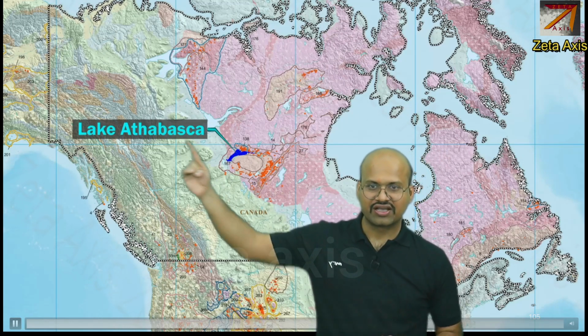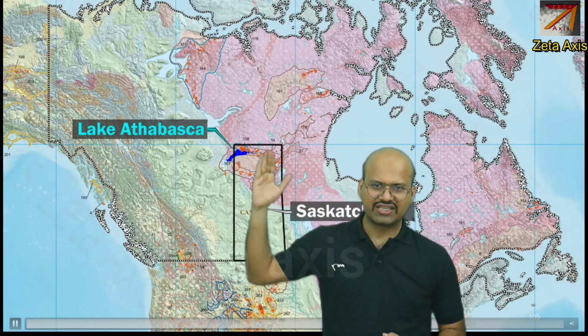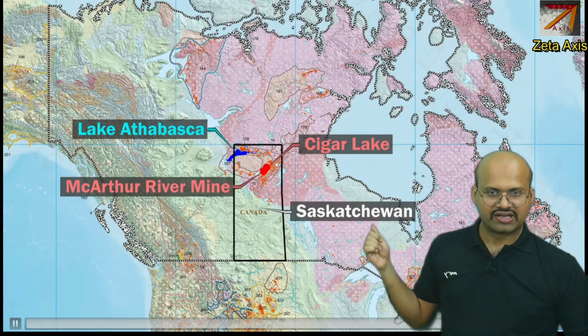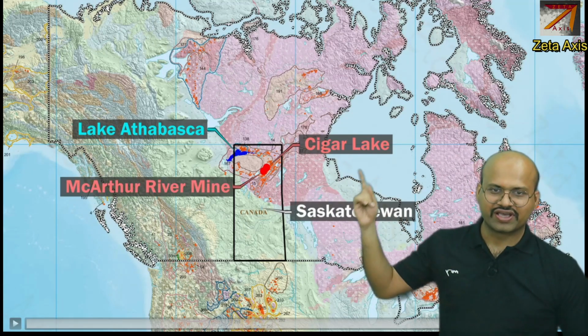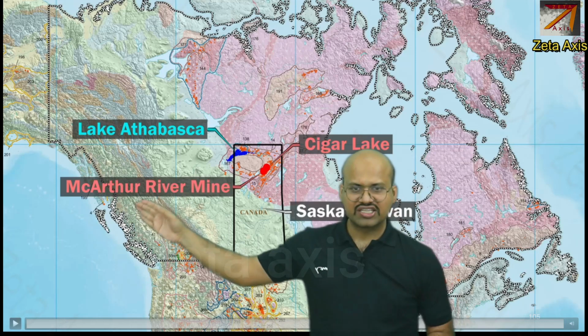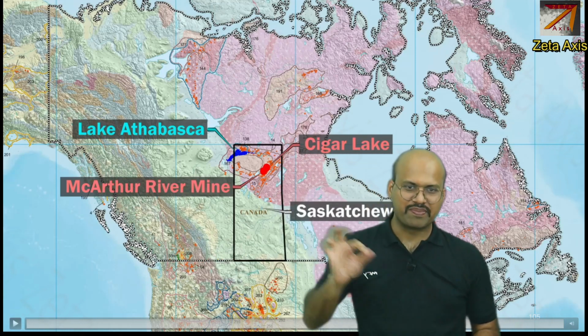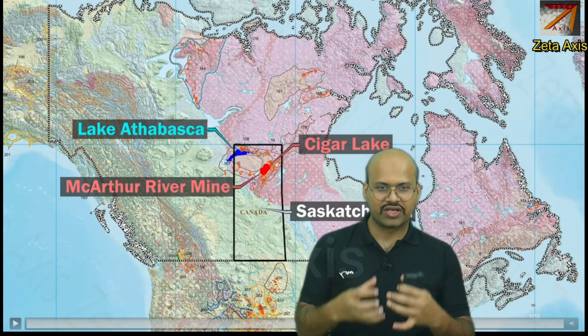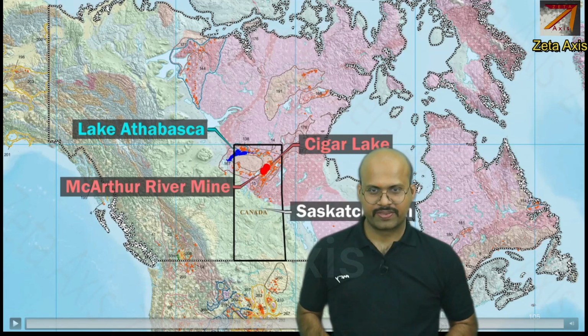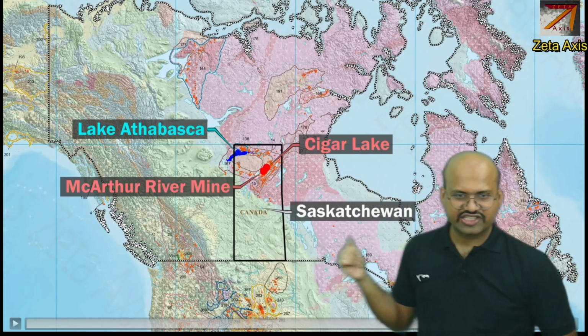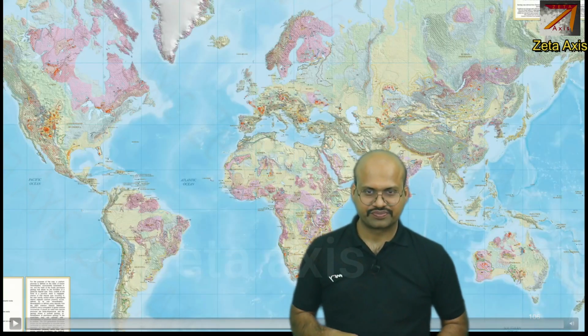And we already know that this region is the Lake Athabasca region. Near this Lake Athabasca region in the Saskatchewan state of Canada, we have the Cigar Lake and McArthur River mines. These are the two main mines of Canada from which uranium is extracted or produced. And they are located in the Saskatchewan province of Canada.